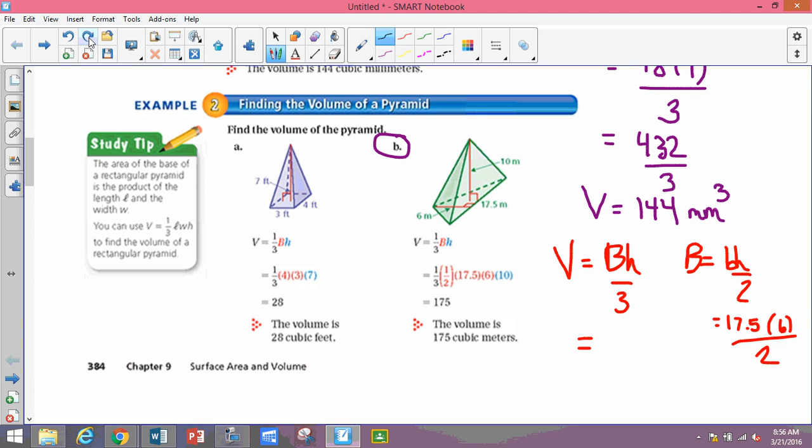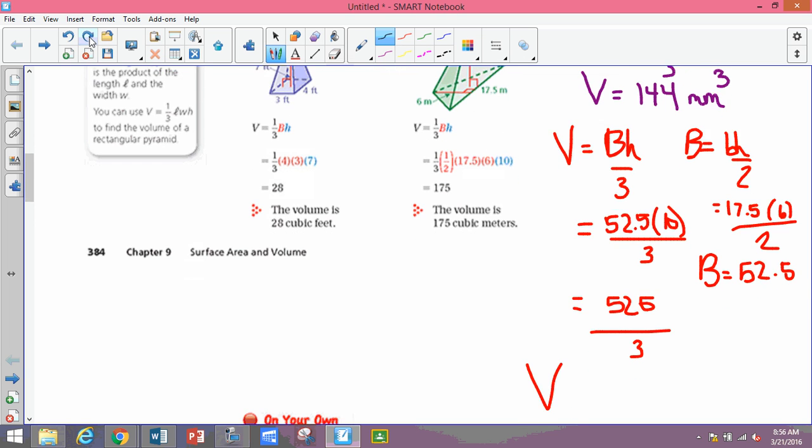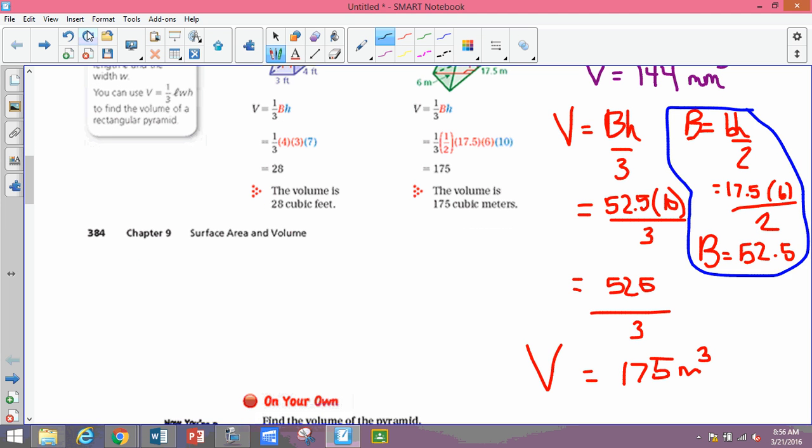So that is 17.5 times 6 divided by 2, which means your area of the base is 52.5. Now you put in that 52.5 for your capital B, multiply that times the height of your pyramid, which is 10, and then divide that by 3. So that comes out to 525 divided by 3, which is 175 meters cubed.